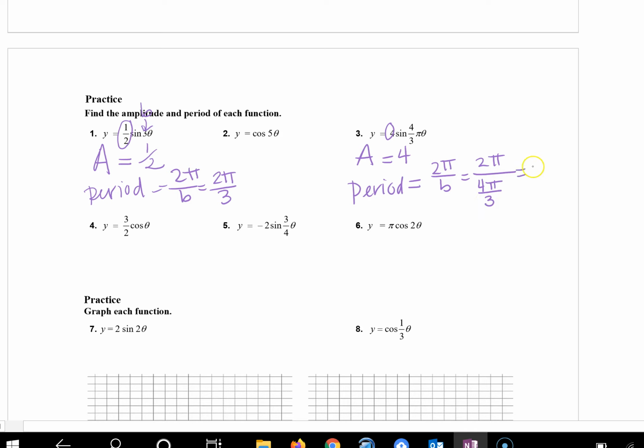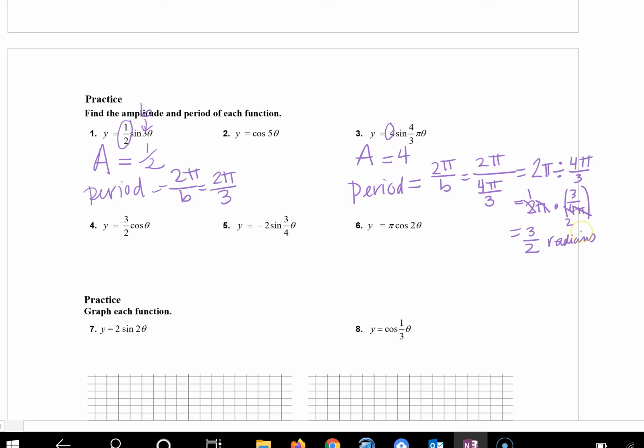So I'd change this into a division problem. When we divide by a fraction, we flip the fraction and change it to multiplication, at which point my pi's will cancel each other out, the 2 and the 4 will reduce, and I will end up with a period of 3 over 2 radians.